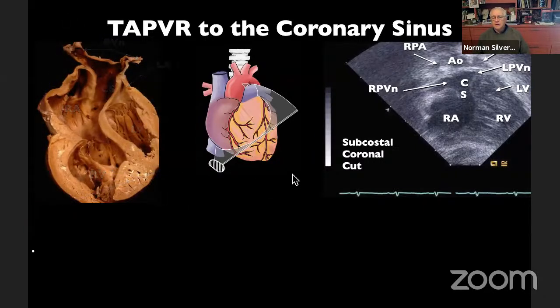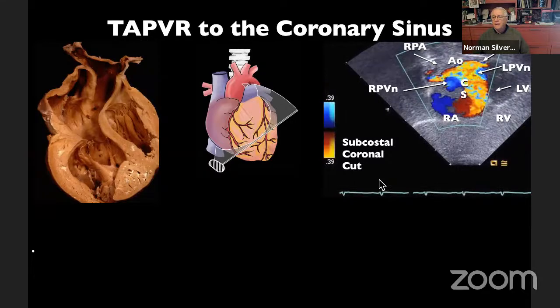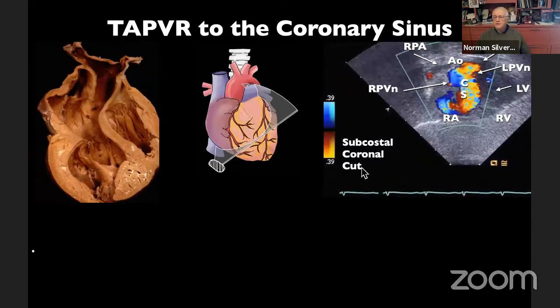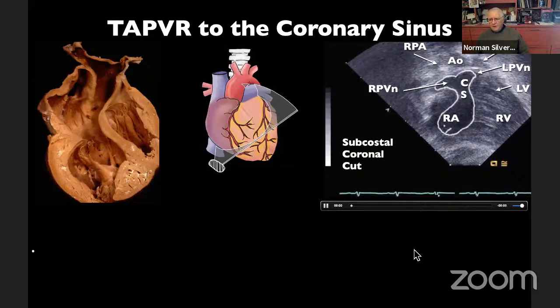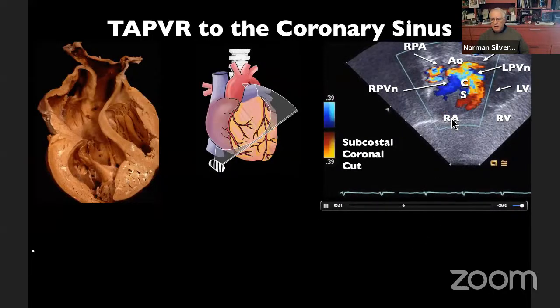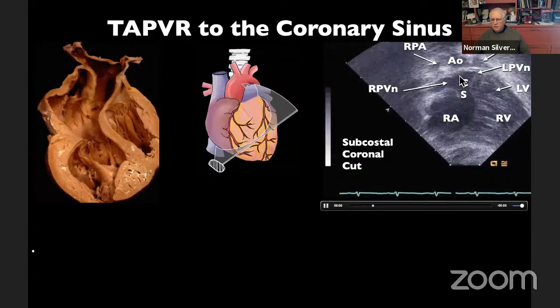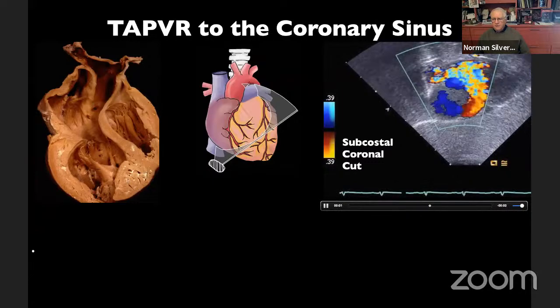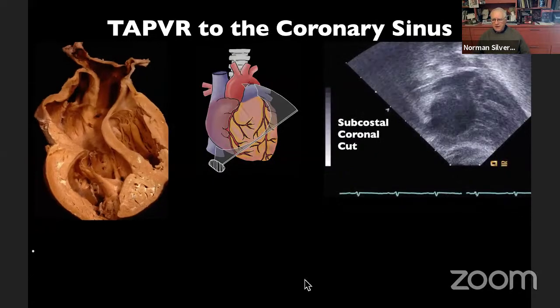And this is an easy issue to recognize from subcostal coronal imaging. And I have a combination of black and white imaging and a diagram which looks like a large whale. We call this the whale tail sign. And I'll take the labels off so that you can see that.